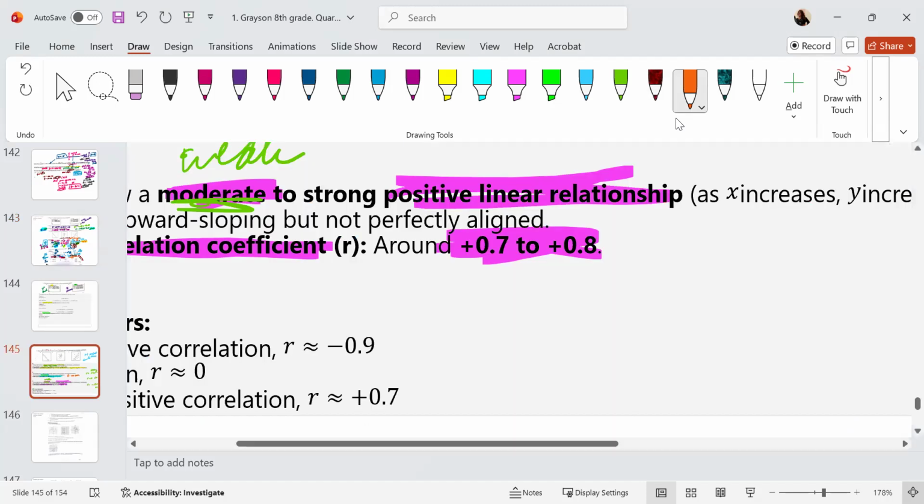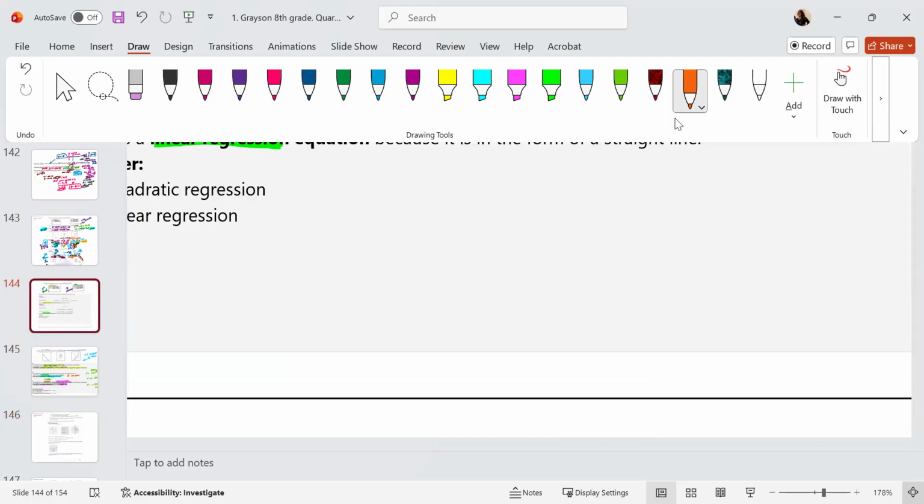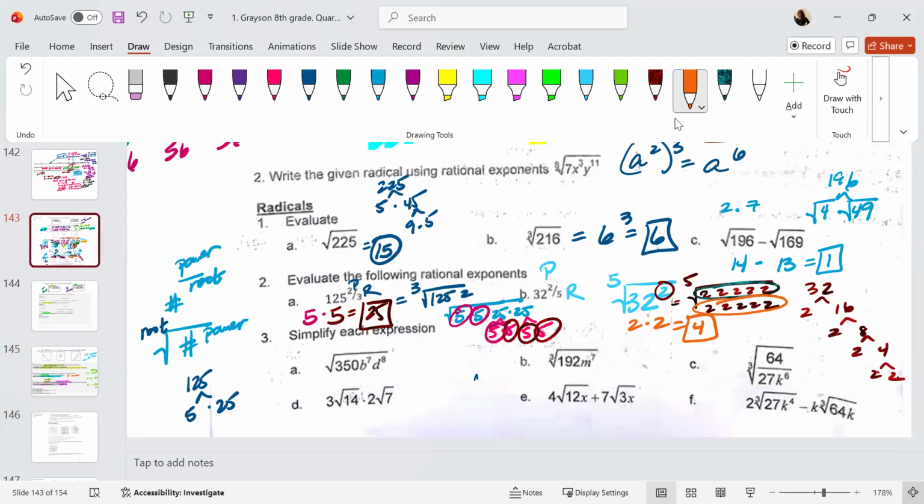You see that? Okay. You ready to move on, or what do you want to do? You could take some time if you need to take some time.